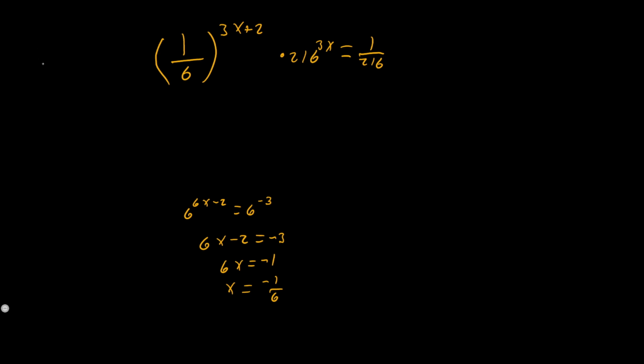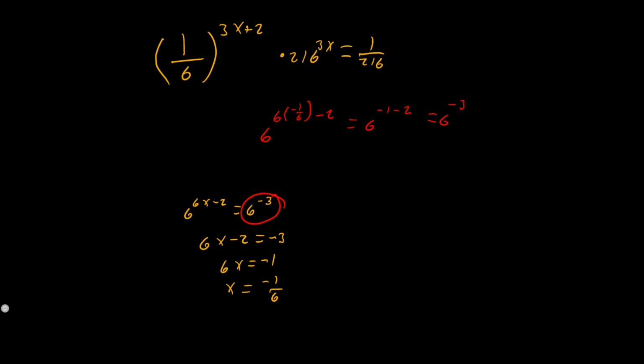So we have 6 to the power of 6 times negative 1/6 minus 2, which is the same thing as 6 to the power of negative 1 minus 2, which does give us 6 to the power of negative 3, which is our solution.